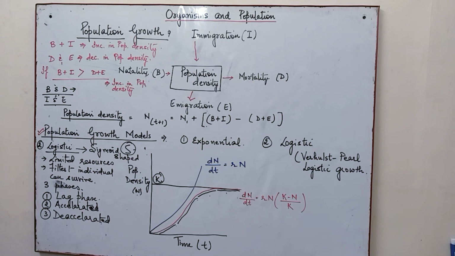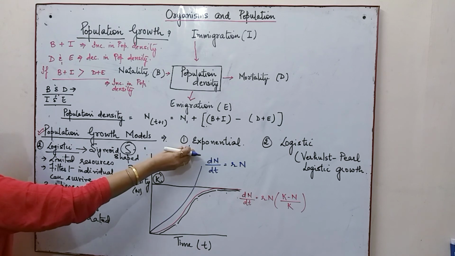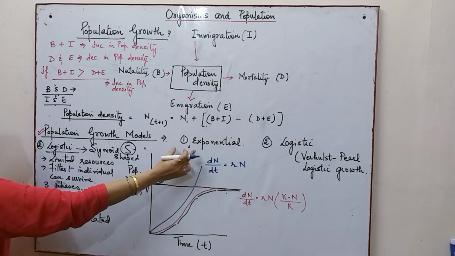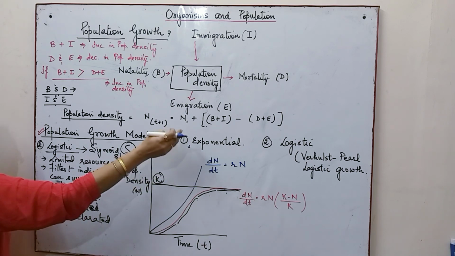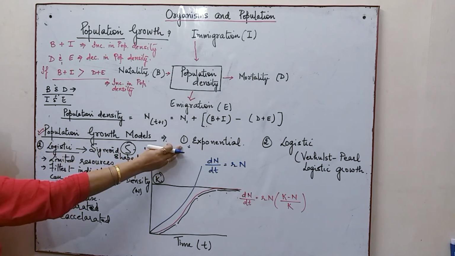Now from this you can understand very easily that out of the two curves we have studied, the exponential and the logistic, the exponential is not considered to be realistic, whereas the logistic is considered to be realistic. Exponential growth supports the organism with an unlimited supply of resources, whereas logistic has a limited supply of resources. The exponential curve is a J-shaped curve.